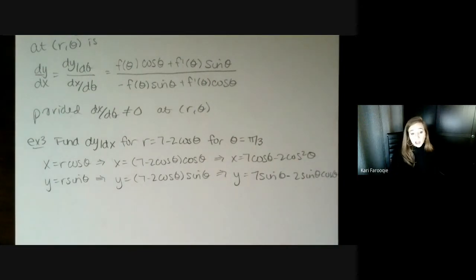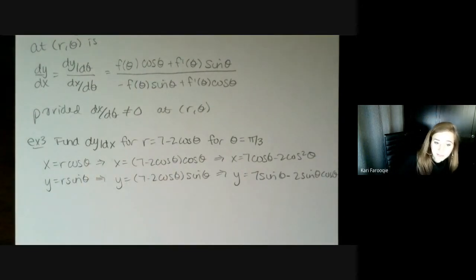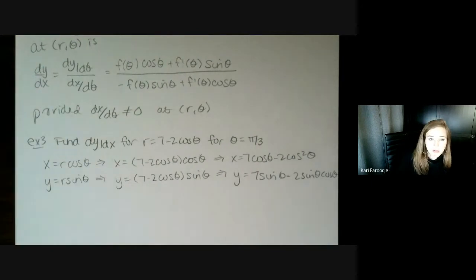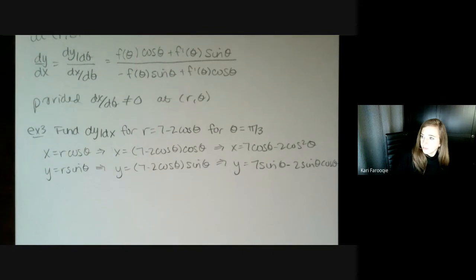So if you would like to use this method instead of using the formula, then you can find dx d theta, dy d theta, and then just take the quotient of dy d theta over dx d theta. That's fine. You're going to get the same answer that you would if you were using this formula. But like I said, I don't think you'll see this formula on Achieve. So I didn't want you to be totally confused about why this was done. Okay, questions before I go through this derivative?